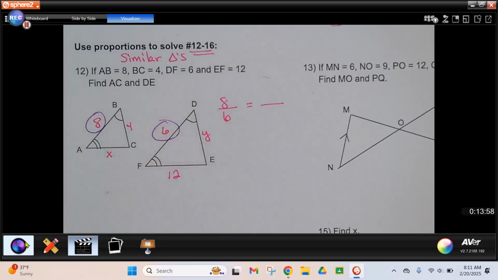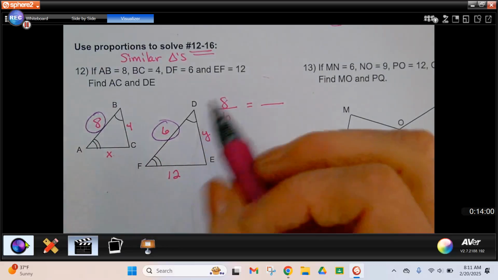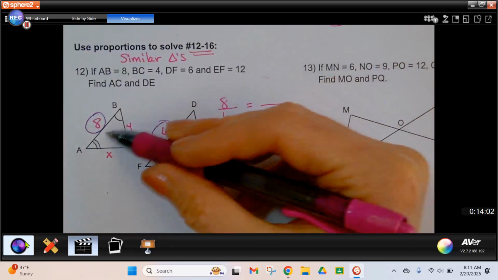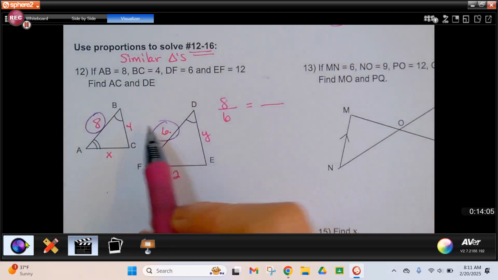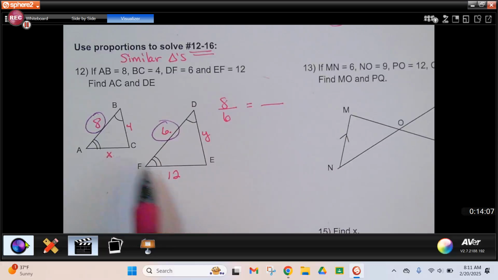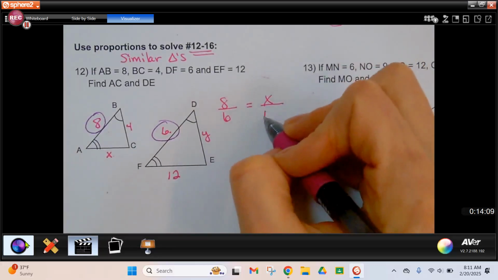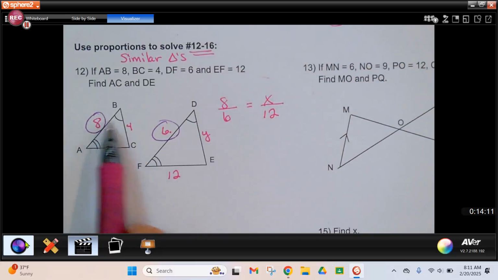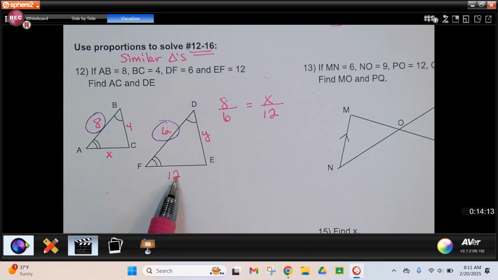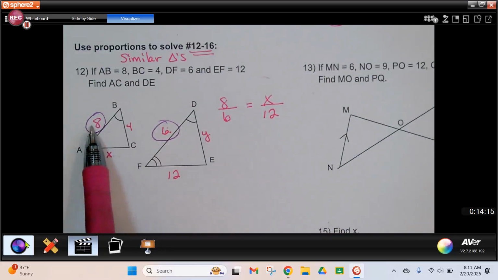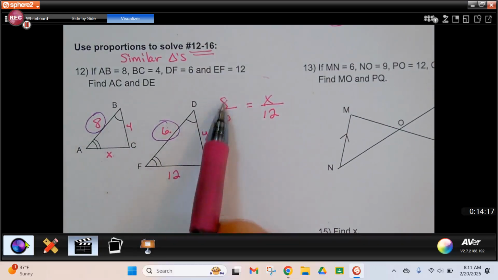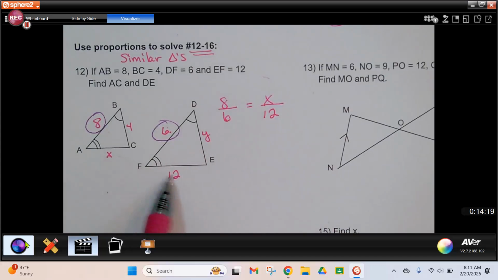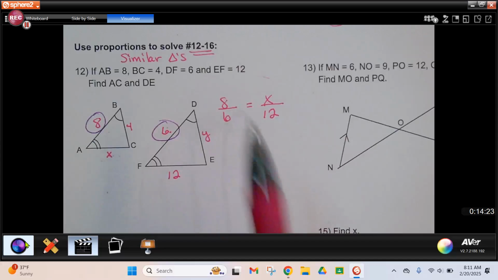That's okay, it's not drawn to scale, unfortunately. Okay, so 8 to 6 is going to be equal to, let's find another pair. Let's solve for X. X to 12. So 8 to 6 as X is to 12. See what I did there? This corresponding pair of sides, I know that ratio, but I don't know what this ratio is because we don't know what X is. So because these are similar, I can set them equal to each other.